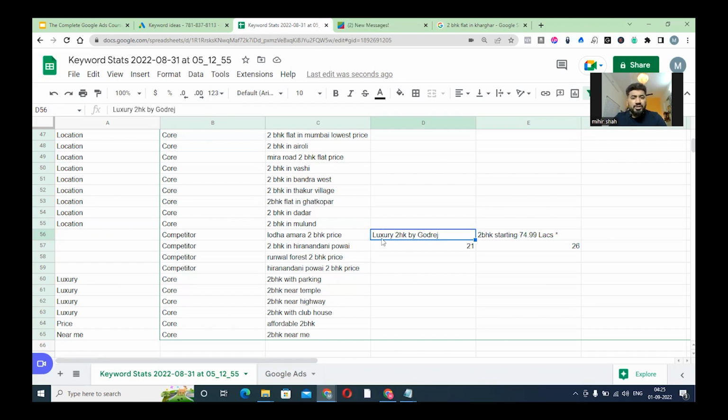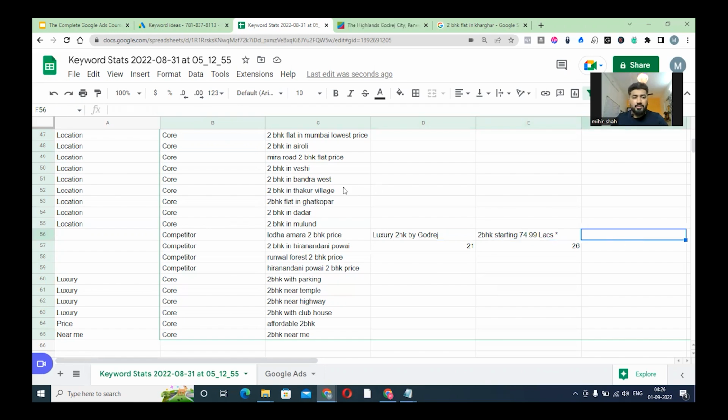Why did I put luxury? Because he was looking for Lodha, I need to tell him to shift to Godrej. So luxury talks about the reason why you should shift. So luxury, you are getting your 2 BHK, because of luxury shift to Godrej. 2 BHK starting at 74.99 because he said price.